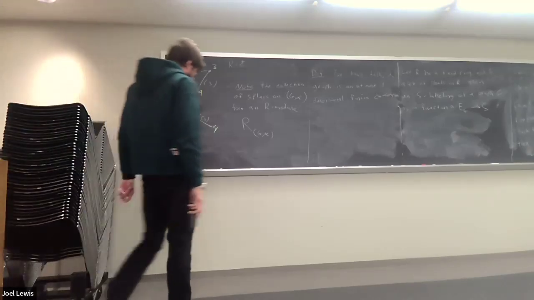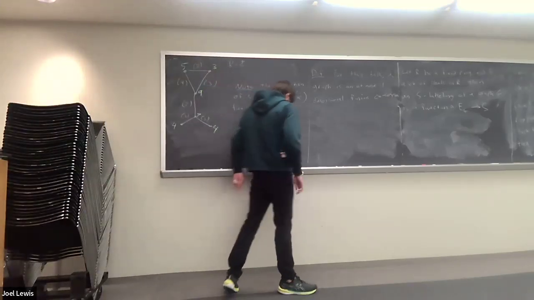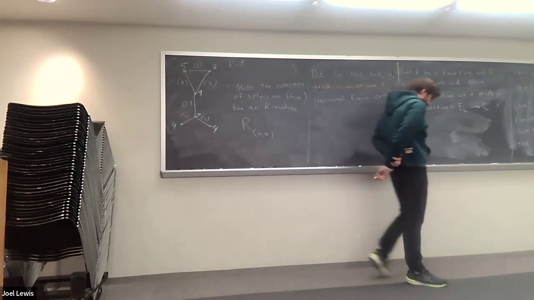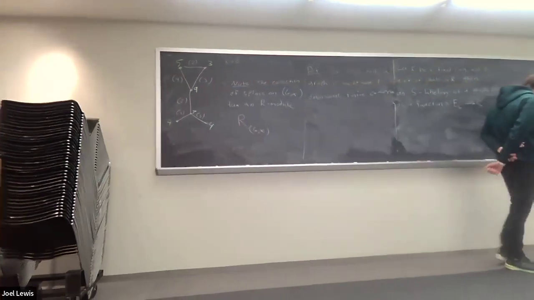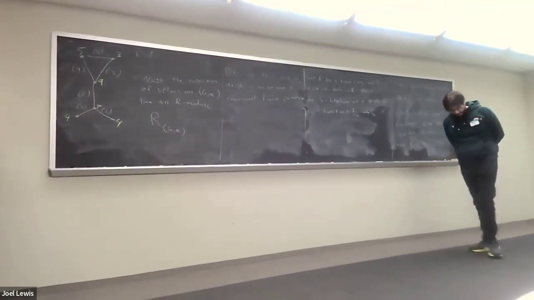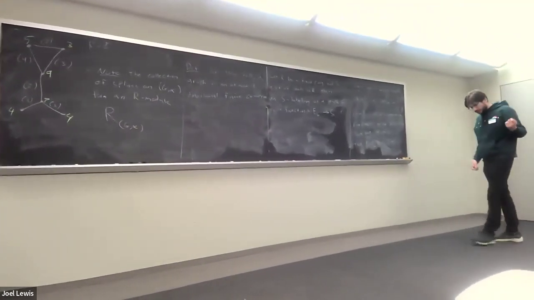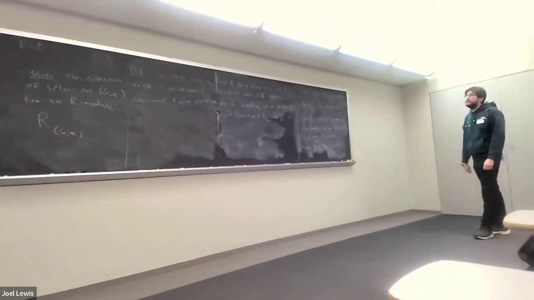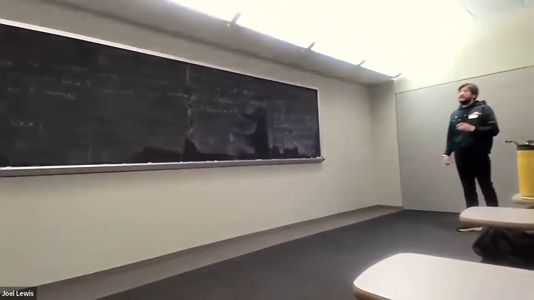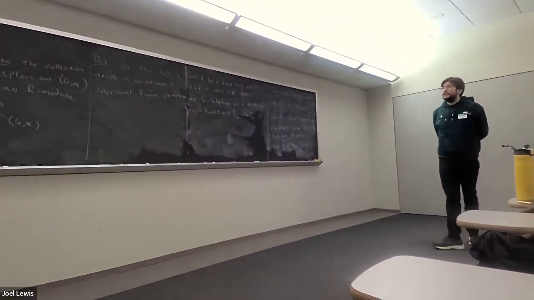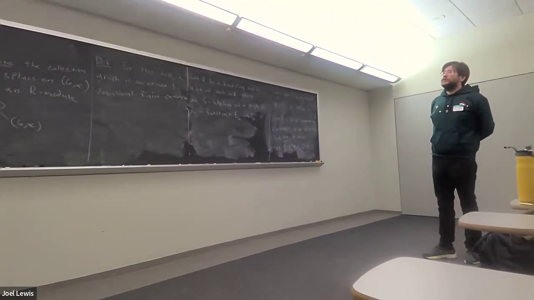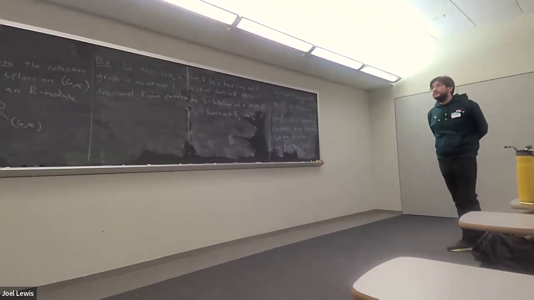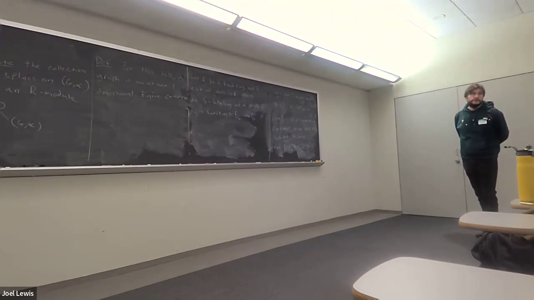Just as a cute little thing, and possibly trying to draw the connections between where splines came out in the last talk and what we're talking about here. It turns out that there's a family of graphs called GKM graphs, which are naturally associated to certain toric varieties.